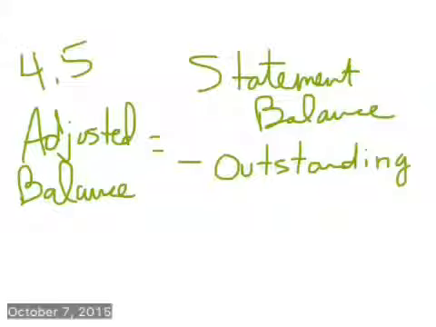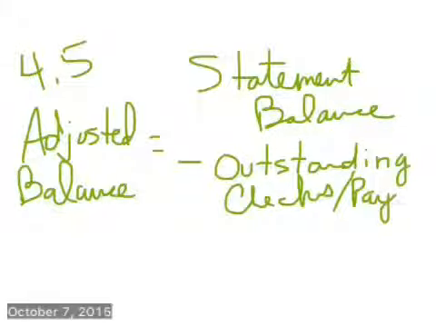That's not what they're referring to. When they're referring to outstanding checks, they mean that it just has not been posted yet. So like, let's say the statement was issued yesterday and I wrote a check yesterday. It's not going to be on the statement. It'll be on the next month's one. So that's what they're referring to as outstanding checks, payments, or debits.